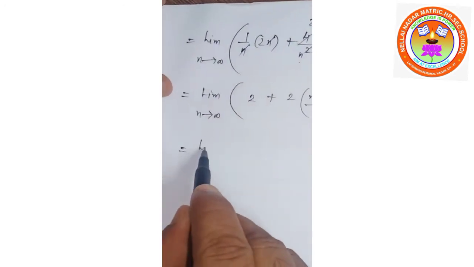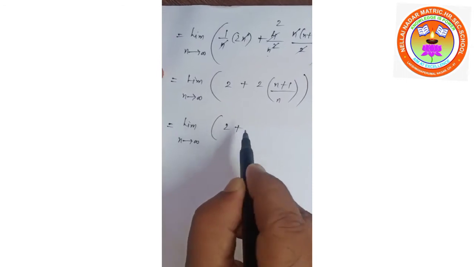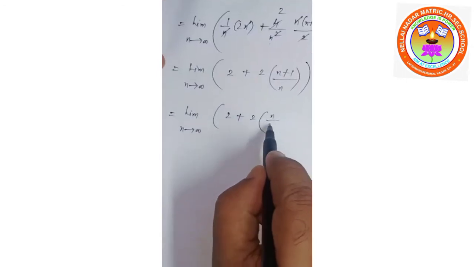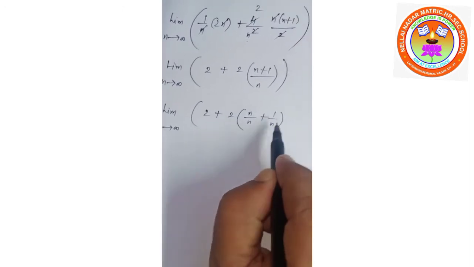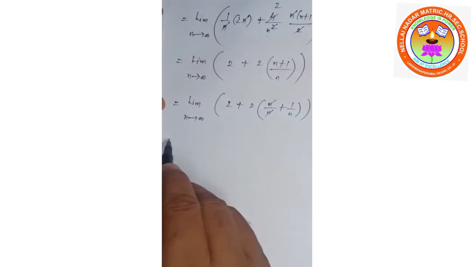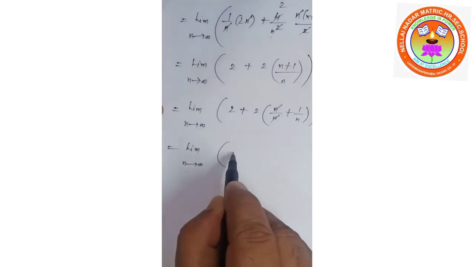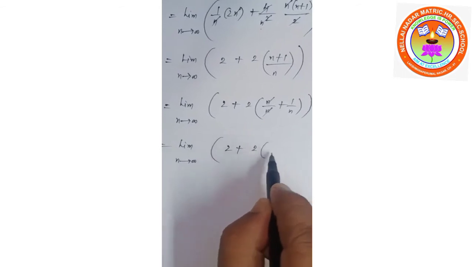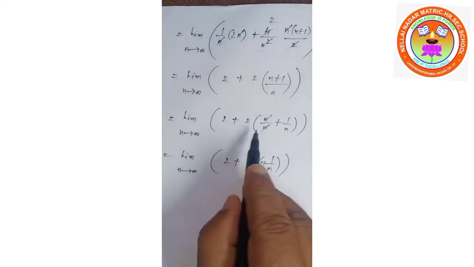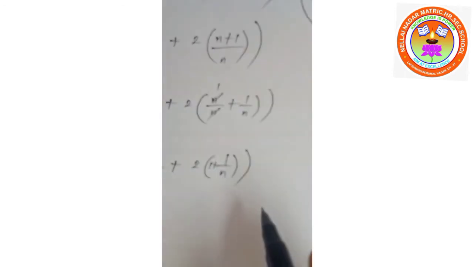That is equal to limit n tends to infinity 2 plus 2 into, it can be separated as n by n plus 1 by n. n by n, n gets cancelled. So limit n tends to infinity 2 plus 2 into 1 plus 1 by n.